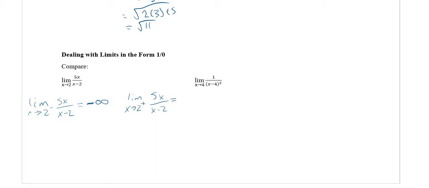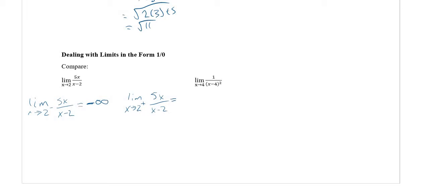We can repeat that for the right side of our function. We could pick a number just to the right of 2, which could be 2.0000001. We punch that into the calculator with our formula. It'd be 5 times 2.0000001 over 2.0000001 minus 2.